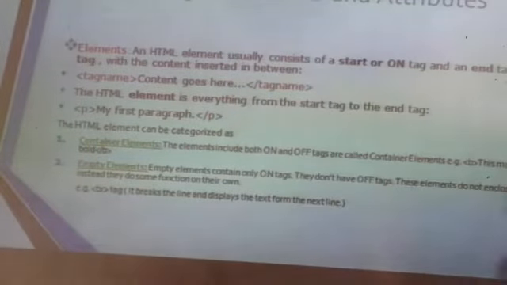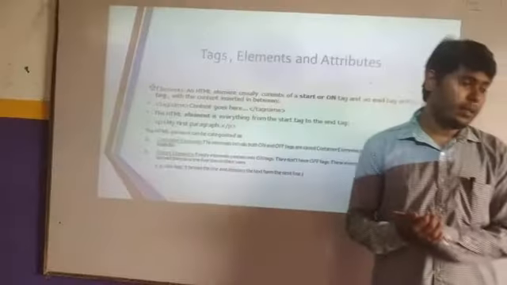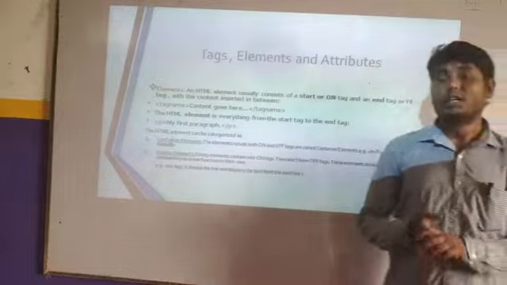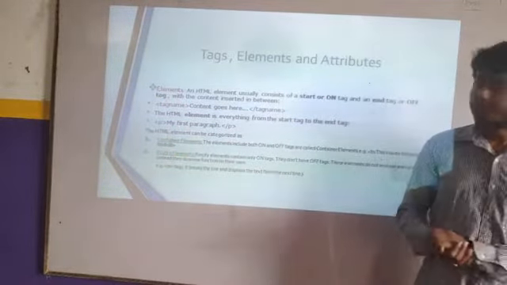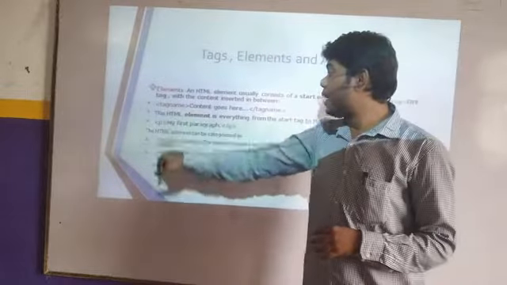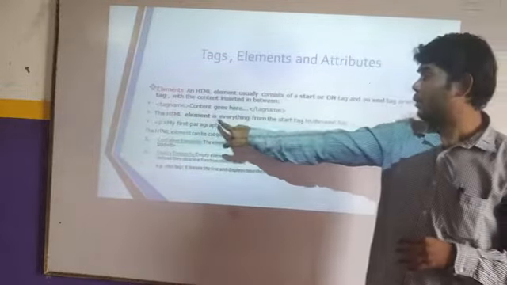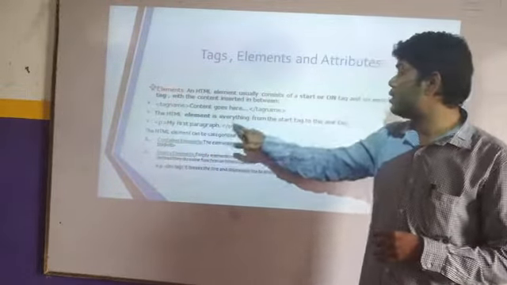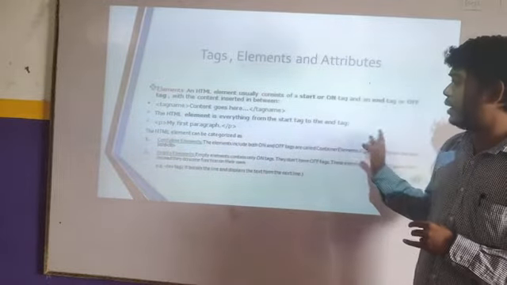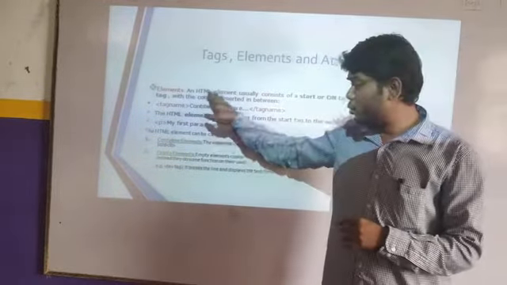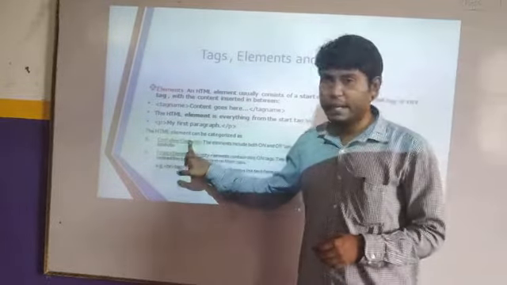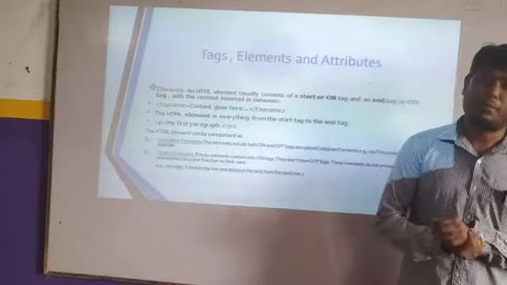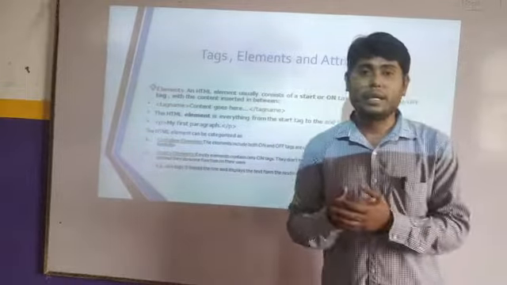Next, elements. HTML elements usually consist of an on tag and an off tag. See the example. An HTML element is everything from the start tag to the end tag. There are two types of elements: container elements and empty elements. What is the meaning of container?